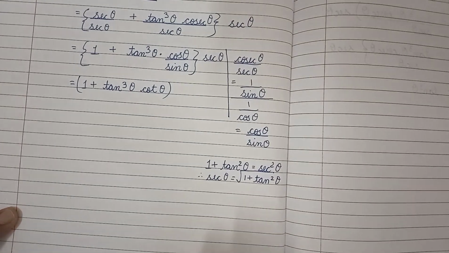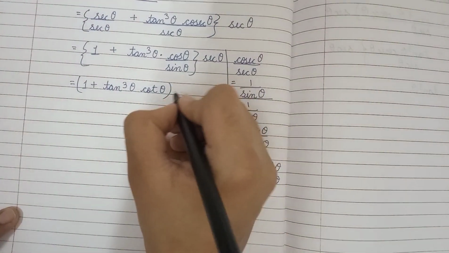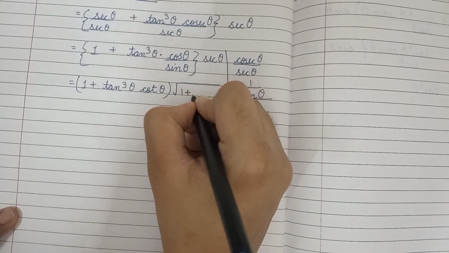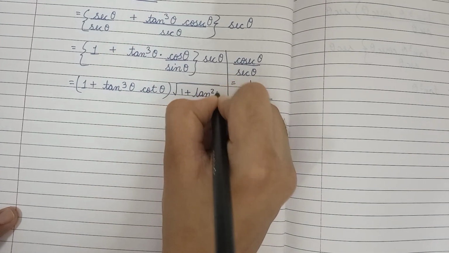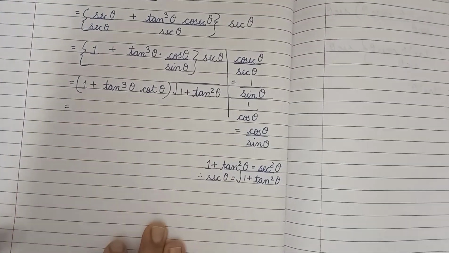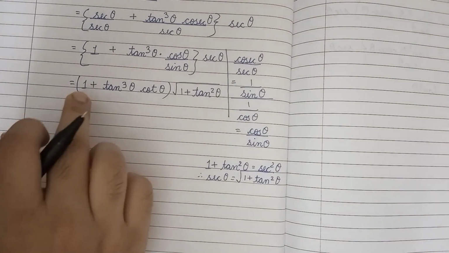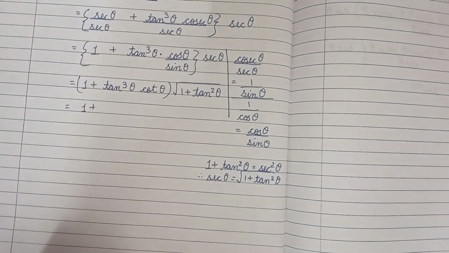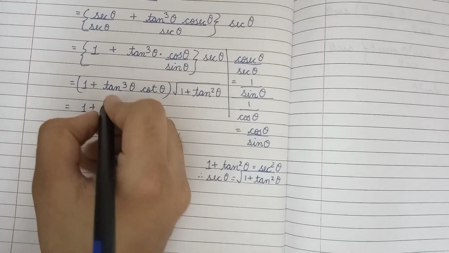We put the same in the equation. Now we have 1 as it is, plus, as we know, tan theta into cot theta equals 1.